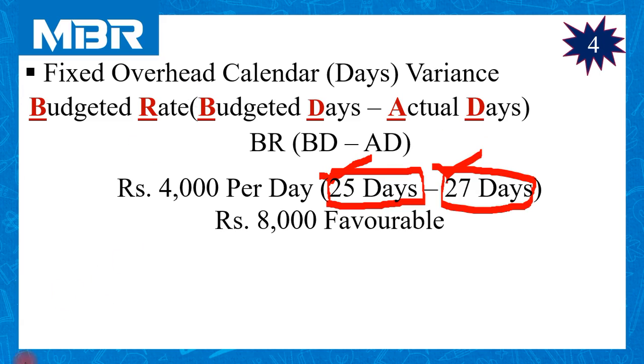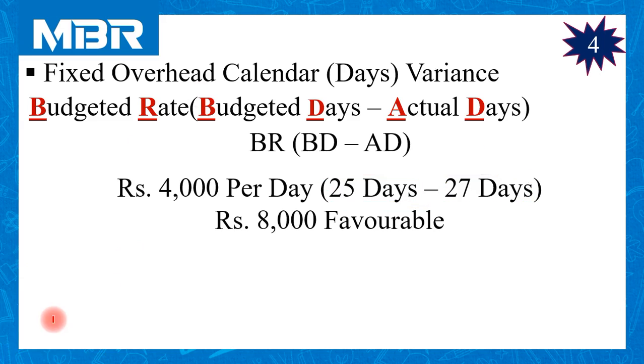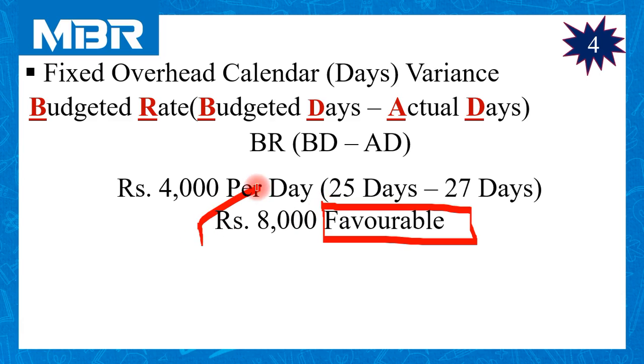Just think like an employer. If your employees are working 2 days more for you without any extra salary, the situation is favorable for you. Situation is favorable, and that is why this 8,000 is favorable.